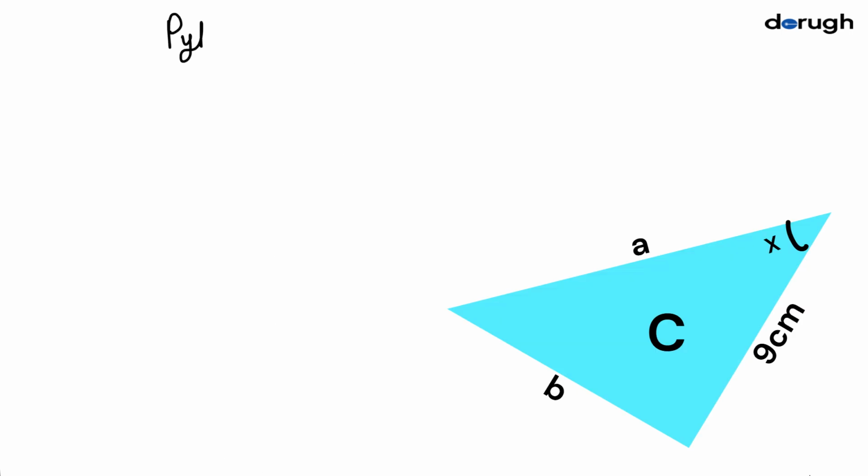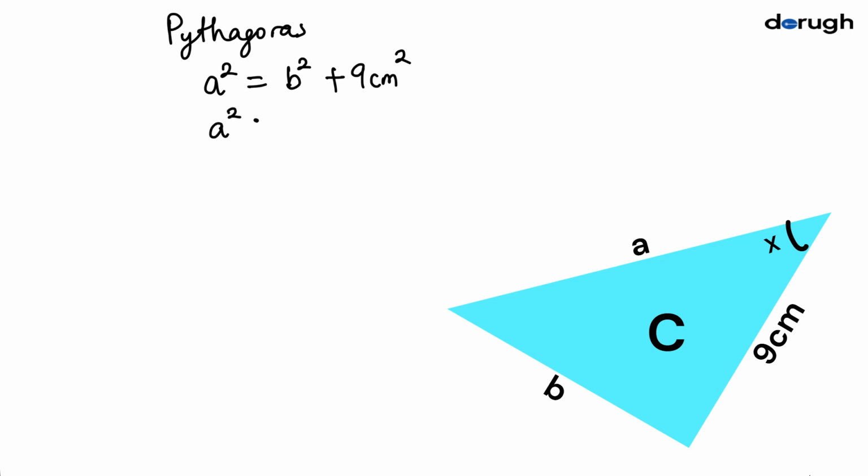Pythagoras theorem says that A squared equals B squared plus 9 centimeters squared. A squared would be 10.08 centimeters squared plus 9 centimeters squared.